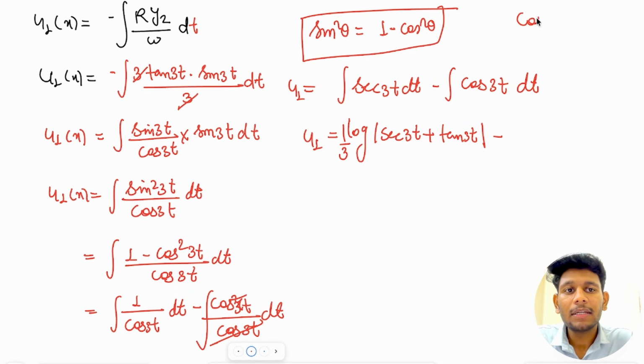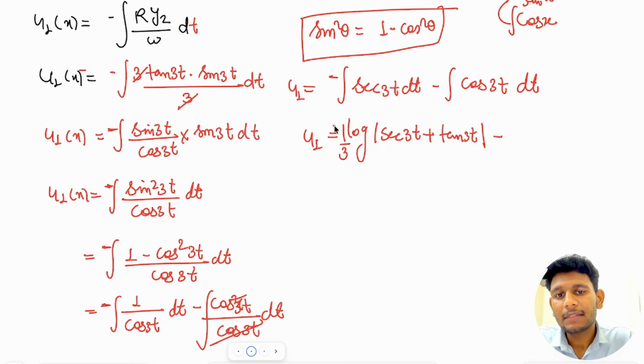Wait, integration of cos x, because cos x is the derivative of sine x. So this will be plus. Why is it minus coming? Wait, I think 1 upon cos this, and oh, here it was minus, that I forgot. Yes, it was minus earlier.